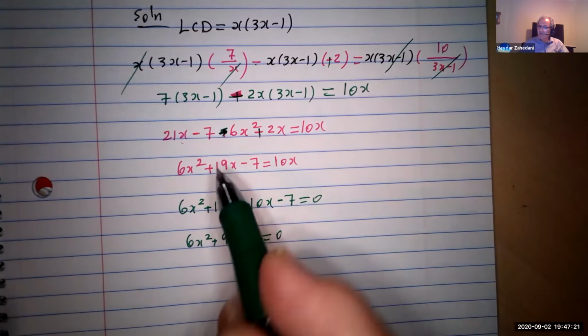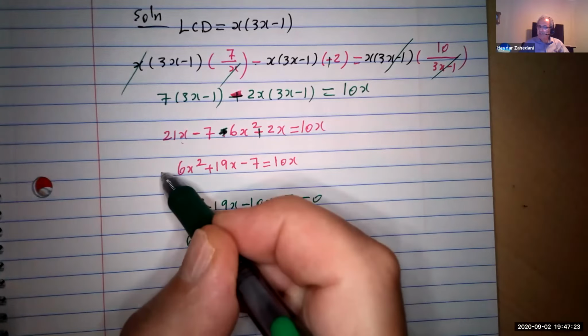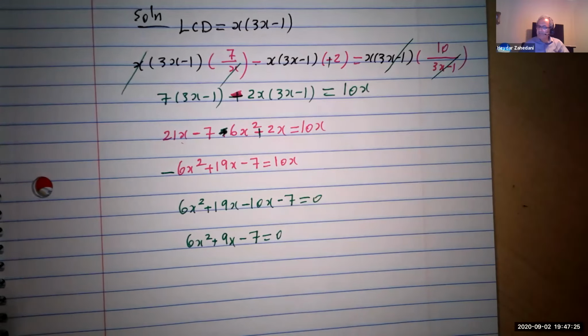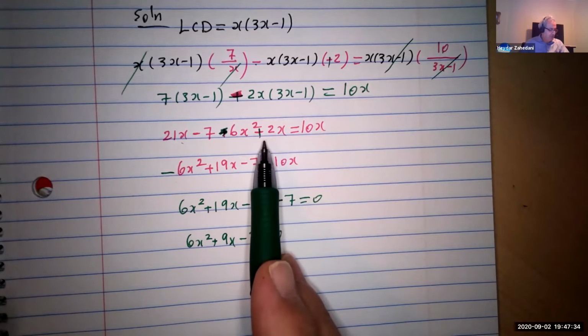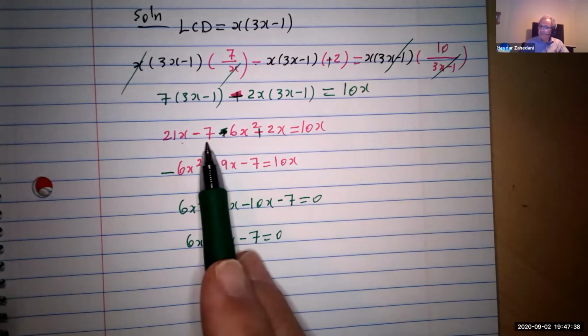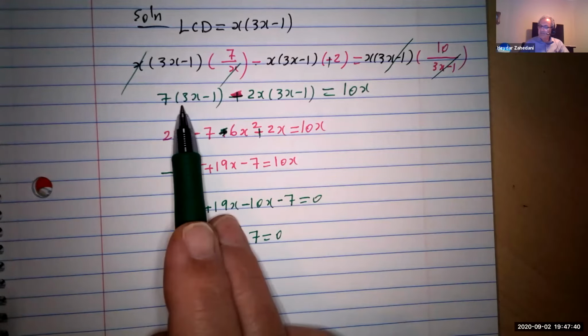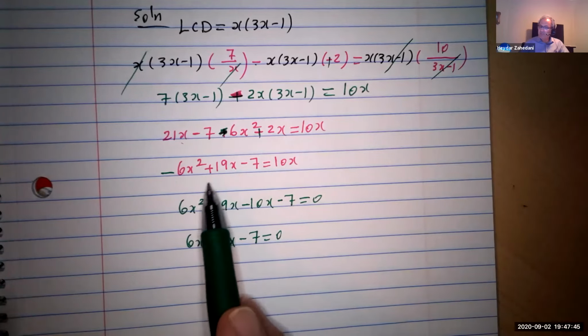So we are going to have a negative 6x squared here. And what else are we going to have? That gives us a 21 and 2, which is going to be 23. 7 times 3 would be 21. So this would be 23.